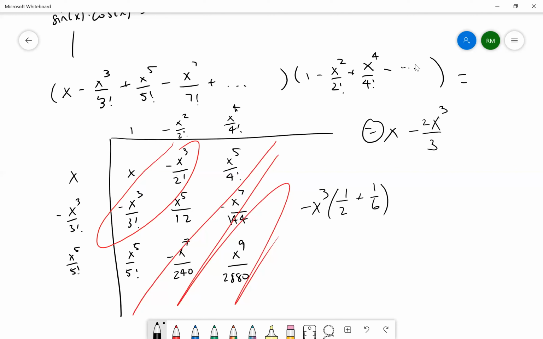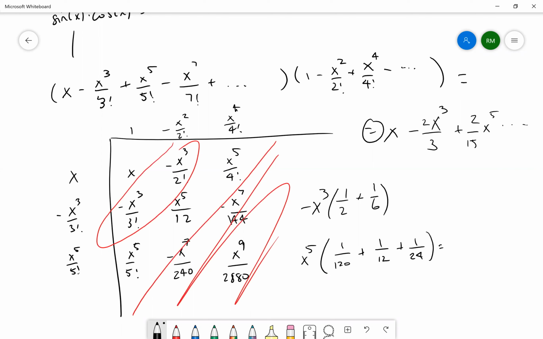And then let's do the x to the 5th terms. So the x to the 5th terms are 1 over 120 plus 1 over 12 plus 1 over 24. And that should be 2/15. Okay, and then there are more terms.